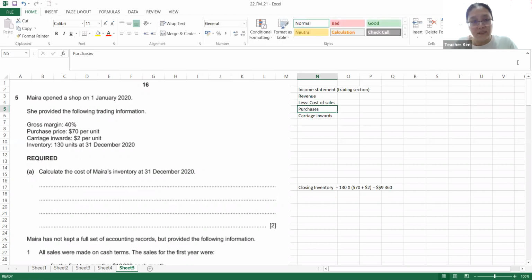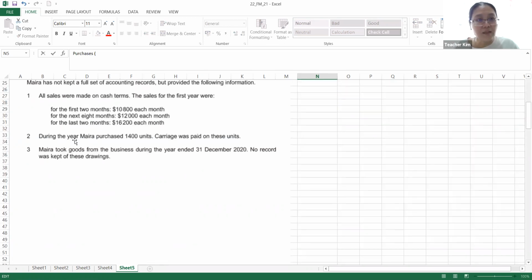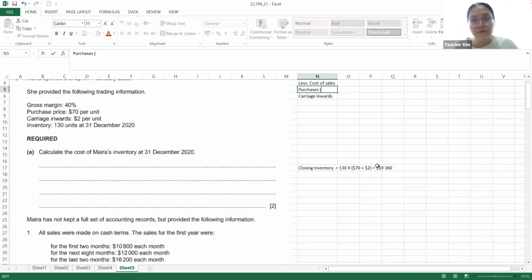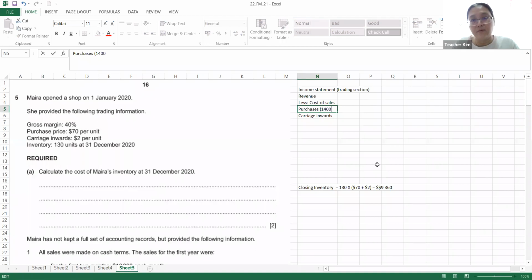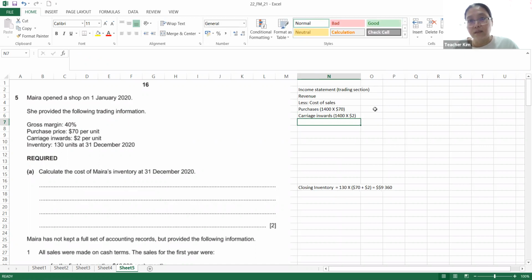Our purchases, we take 1,004 times 70 per unit. Our carriage inward, we take 1,004 times $2 per unit. Okay, we get revenue.